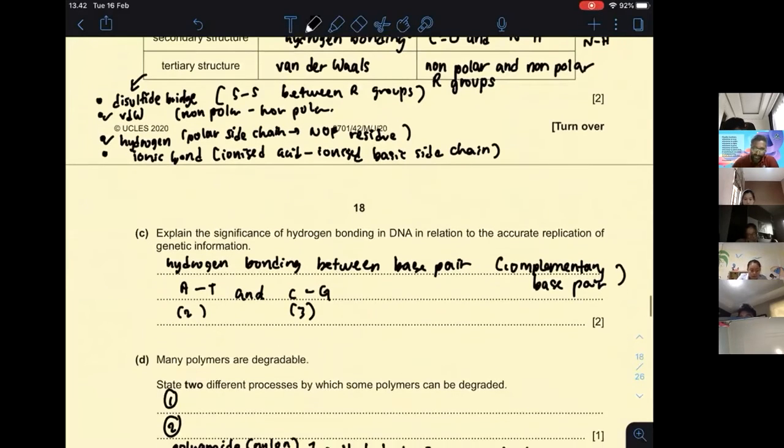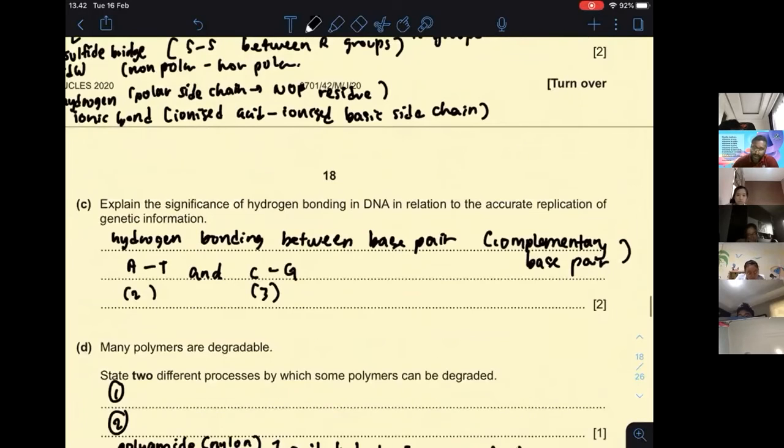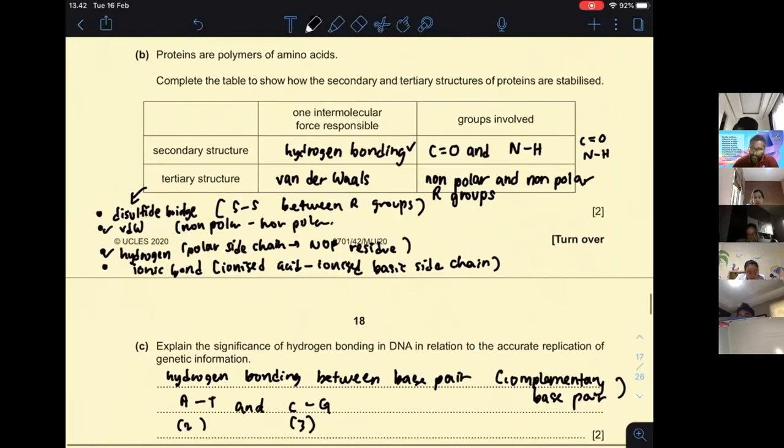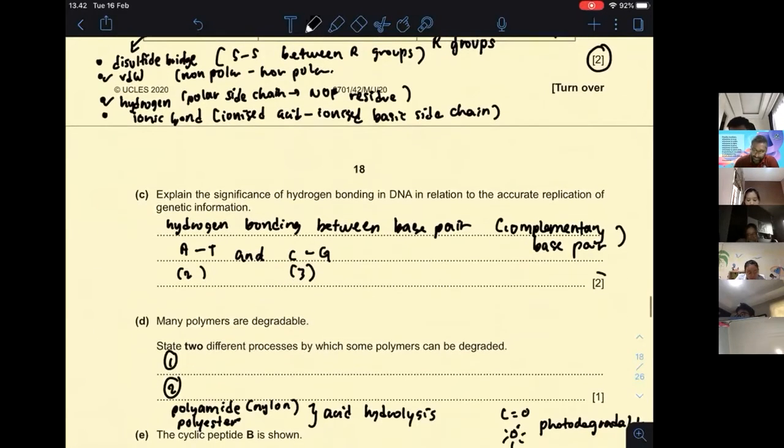Next, explain the significance of hydrogen bonding in DNA. So this one you see it. For this kind of questions about protein, you can see maximum 2 marks plus another 2 marks. So please take note. They will not ask too much of question over here, but you need to be able to explain.